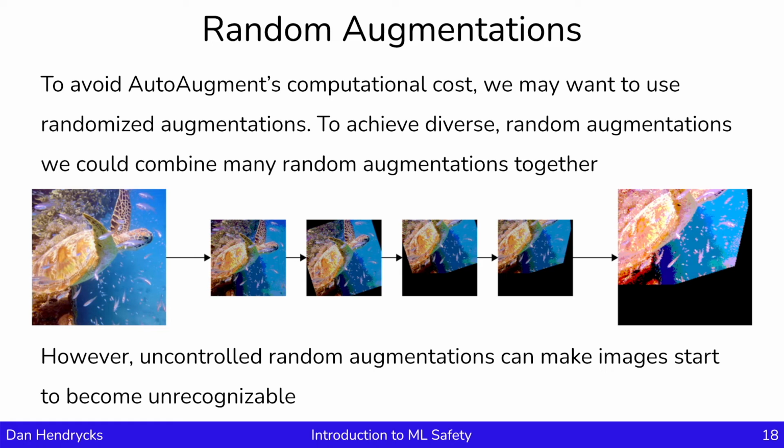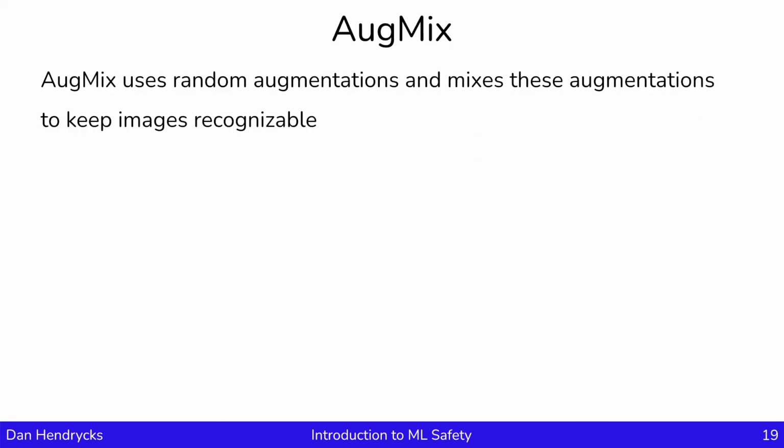We'll need to come up with some other way to exploit lots of randomness to make it substantially more competitive for robustness compared to AutoAugment. One way to exploit the variation from random augmentations and avoid the computational costs associated with AutoAugment is AugMix. It uses random augmentations and mixes these augmentations together to keep the image recognizable.